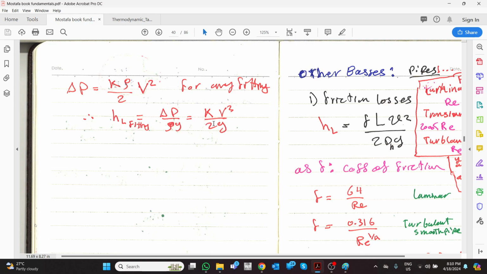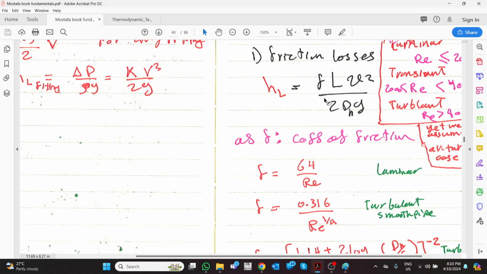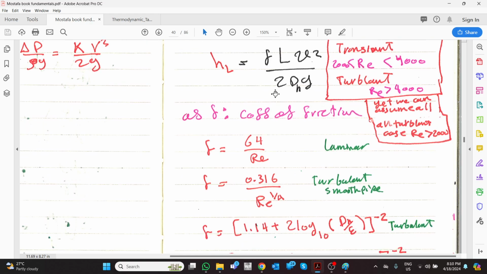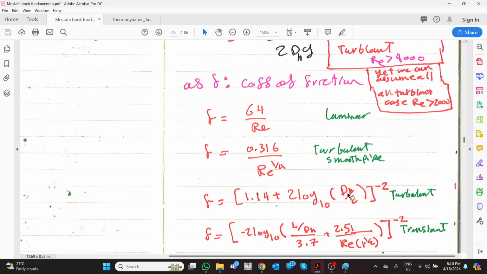It is K divided by 2g, velocity squared. So K divided by 2g is still a constant. It is for fitting, and we assume it also for friction loss here for a turbulent flow, based on the hydraulic diameter and epsilon, and this is constant.